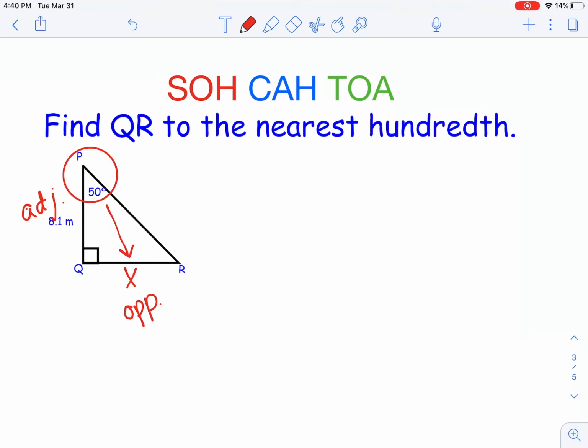Okay, so since we are working with our opposite side and our adjacent side, the O and the A, that tells us to use tangent. So for this one, I would say tangent of P equals opposite over adjacent. Then I'm going to plug in what I know.